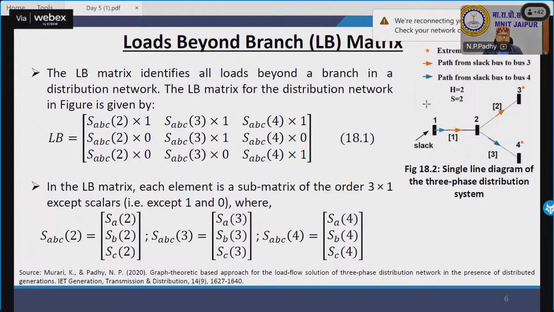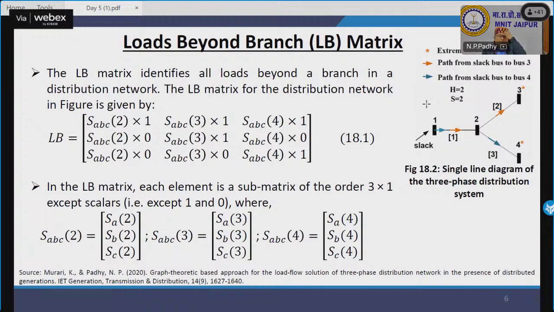The LB matrix identifies all loads beyond a branch in a distribution network, where the LB matrix for the distribution network in the given figure of four buses is given by LB, which is S_abc2 multiplied by 0 times 1, S_abc3, S_abc4, and then S_abc2, S_abc3, S_abc4, and finally S_abc2, 3, and 4.